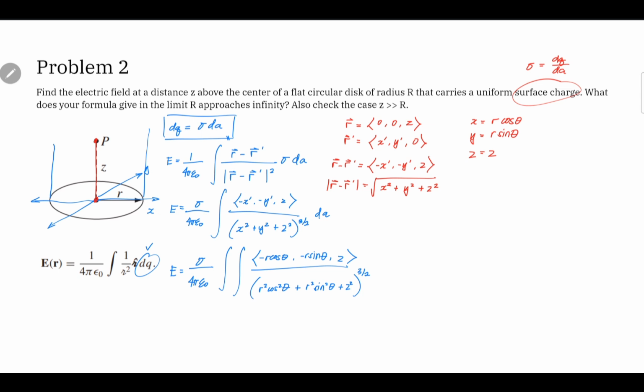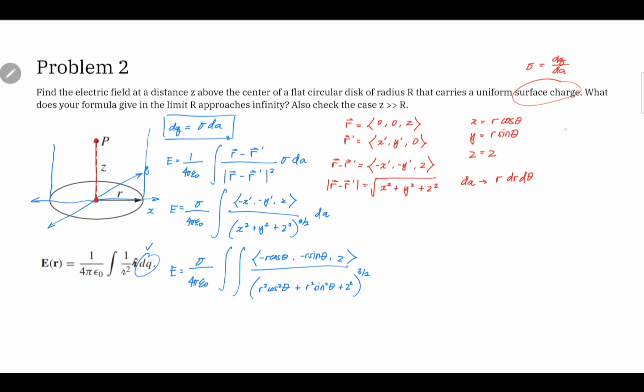Now, how do we express dA in cylindrical coordinate system? Now, your dA is just going to be r, differential radius, multiplied by the differential theta.